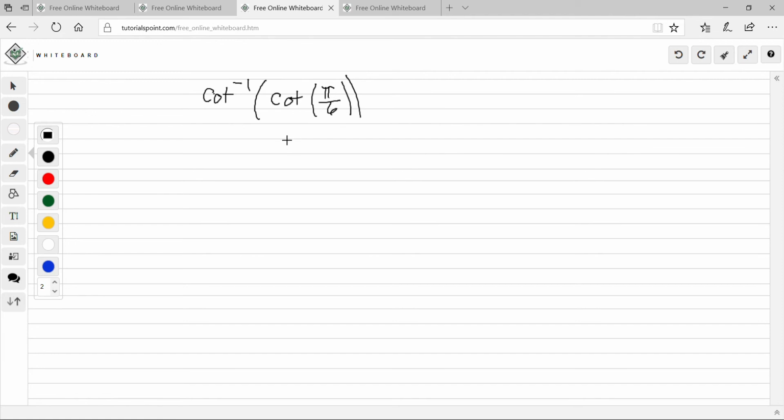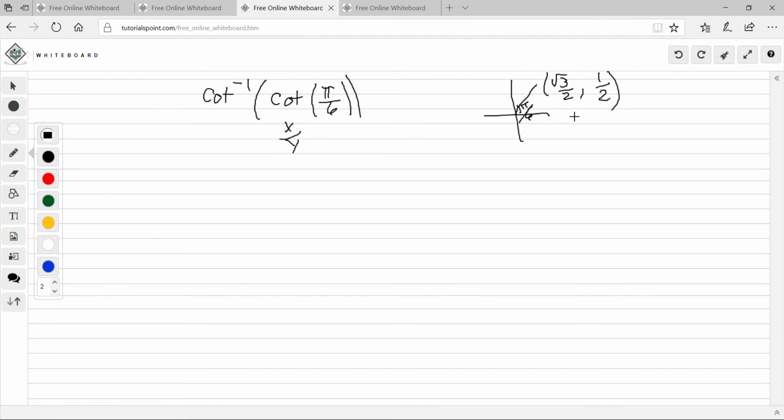First of all, what is cotangent? It's the opposite of tangent, so instead of y over x, it's x over y. So pi over 6 is right here, and that has a coordinate of root 3 over 2, comma, positive 1/2.